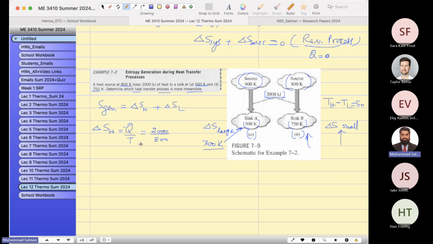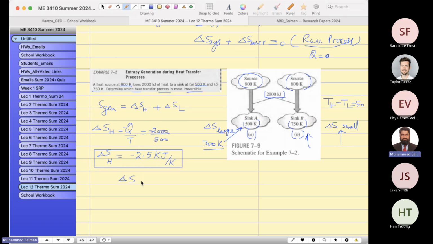We have a negative sign because heat is being rejected. Minus 2.5 kilojoules per Kelvin. The change at the source is negative because we are losing heat at this location.